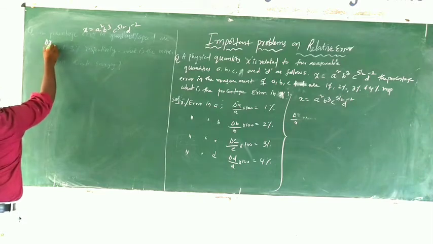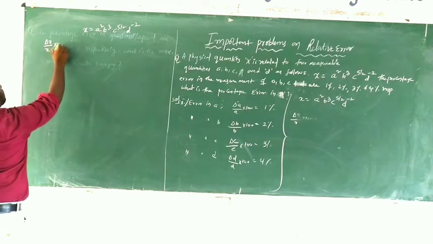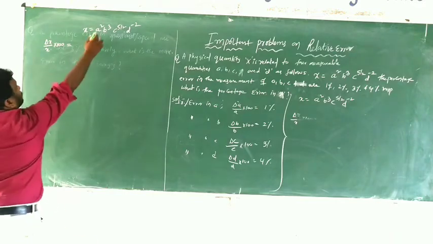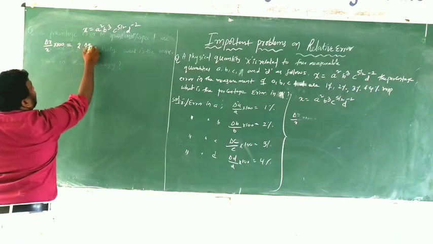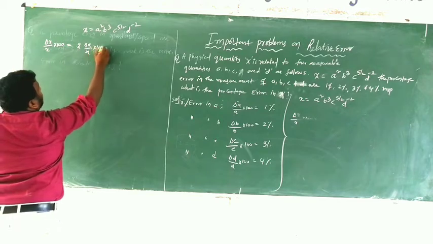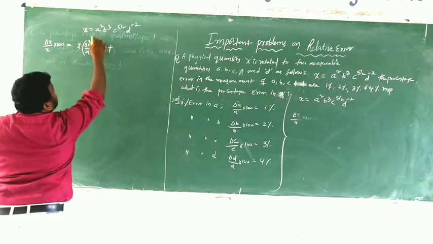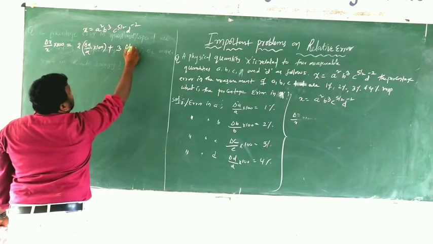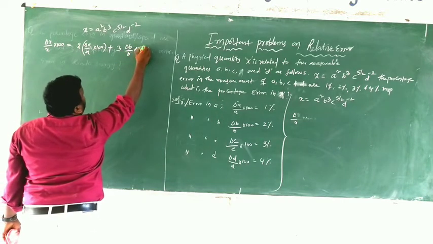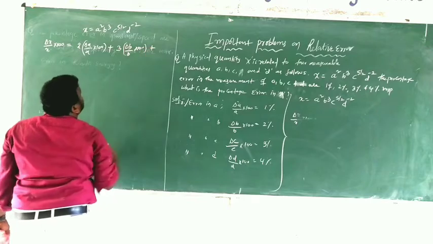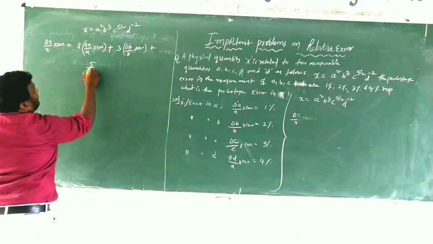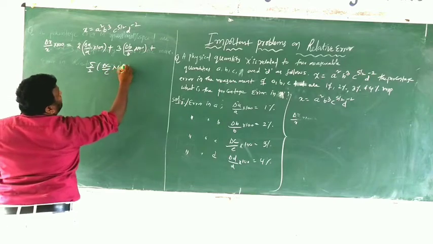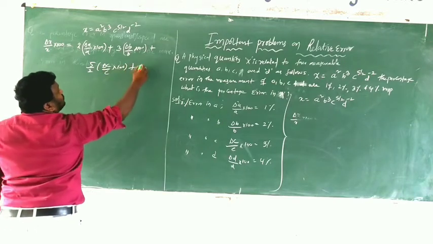Now I am writing like this: the percent error of X, delta X by X into 100, is equal to, using the combination of errors, 2 into delta A by A into 100 plus 3 into delta B by B into 100 plus 5 by 2 into delta C by C into 100 plus 2 into delta D by D into 100.